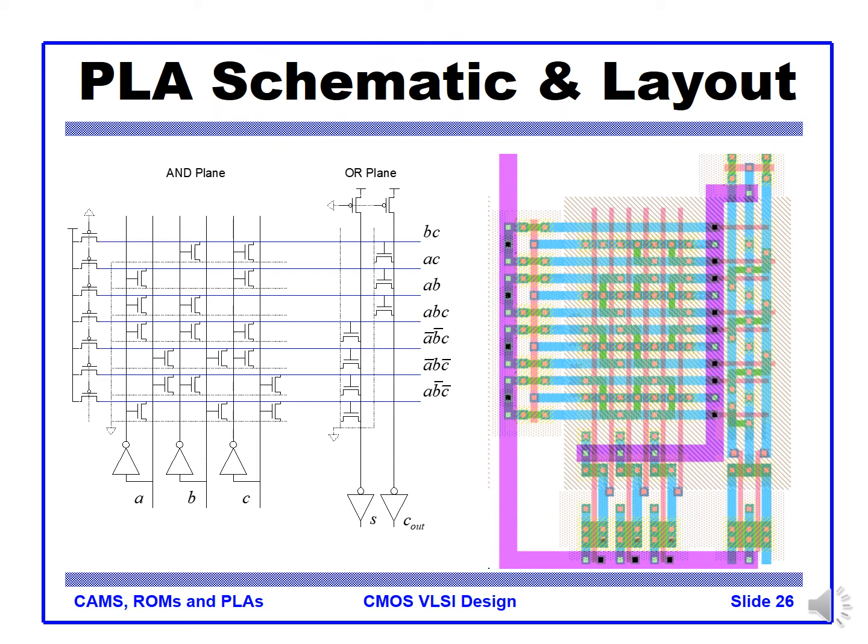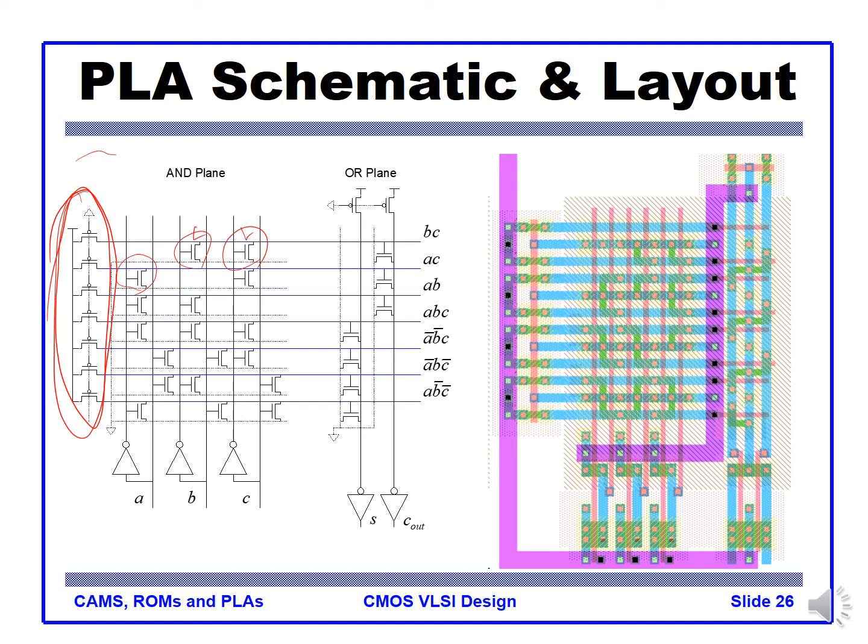So for the PLA schematic and layout example shown in here, in PLA you can enable this kind of transistor here. We have an AND plane. So this is a pseudo-NMOS ratio logic. We have a PMOS pull up that is always on, weakly on.